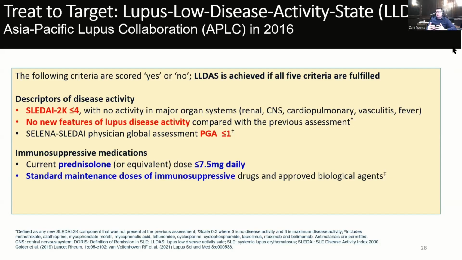You cannot have new features of lupus disease activity compared to previous assessment. And your PGA should be 1 or less. You gotta have as well a dose of prednisone 7.5 milligrams a day or less, and you need to have a stable immunosuppressive therapy compared to the previous assessment. So this is the LLDAS.